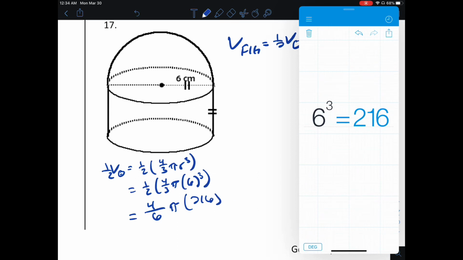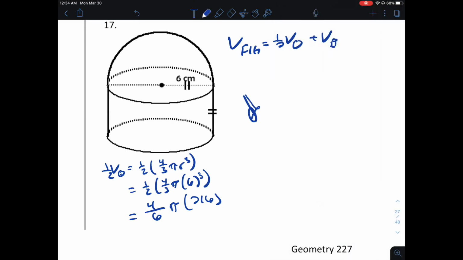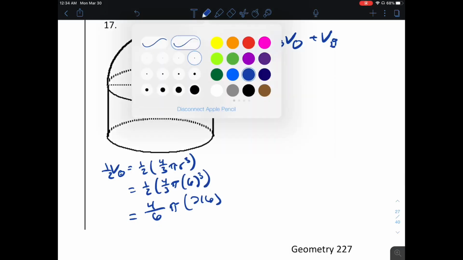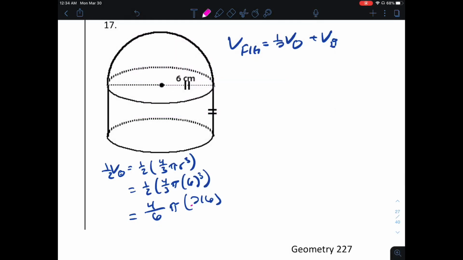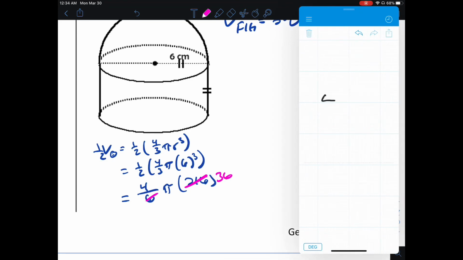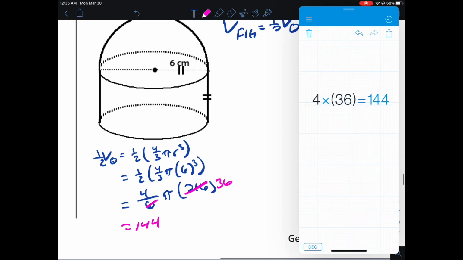And then 216 we can divide by 6. It goes 36 times. 6 goes into itself once. Now we got 4 times 36. That's 144. So the volume of half of the sphere is 144 pi.